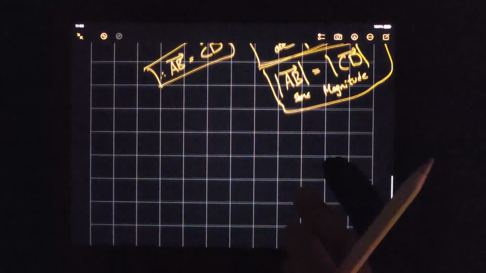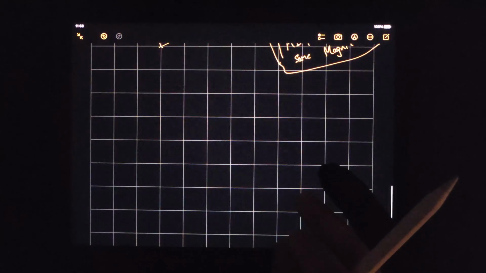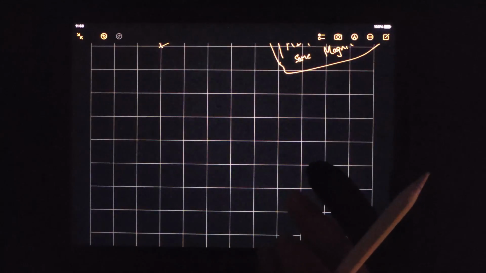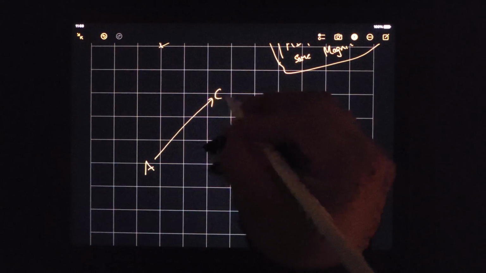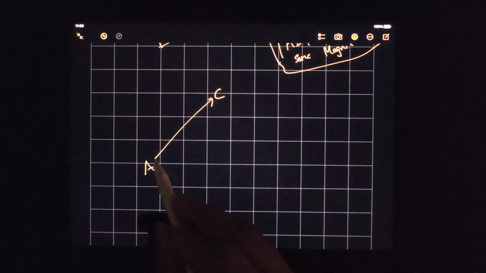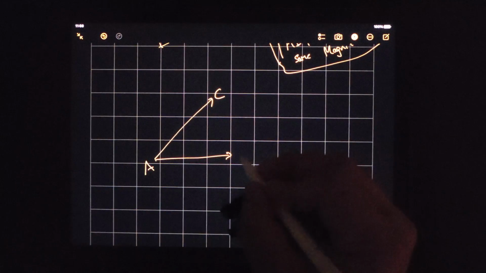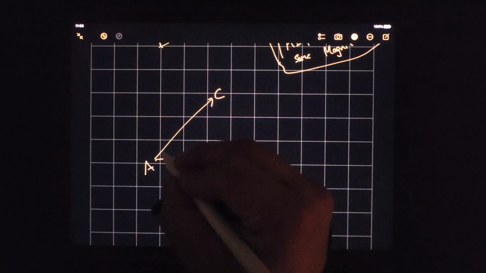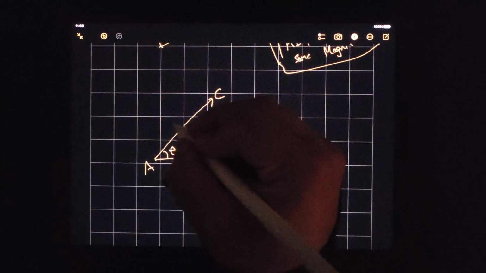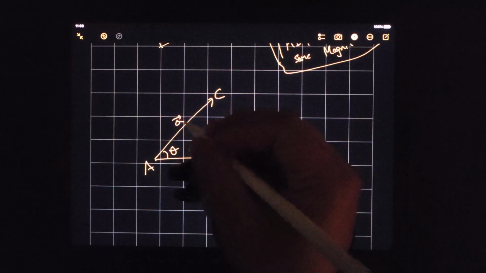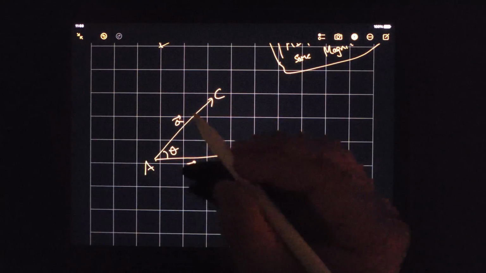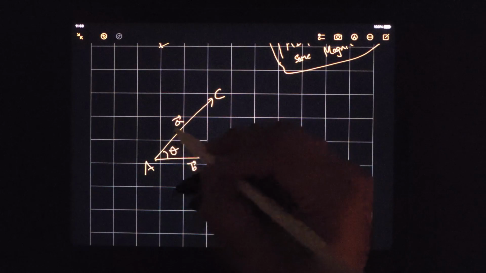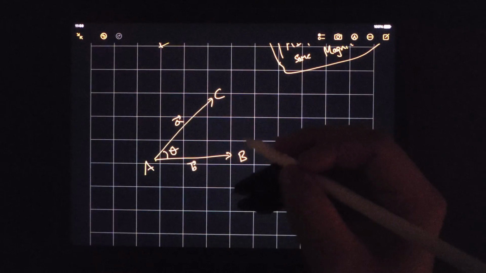Now let's go into some actual, let's mess around with this. So let's say you have one vector, A, C, and you have another one, A, B, and let's say there's an angle between these two, and lowercase a dictates the magnitude. Lowercase a I'm using to say that is the vector.